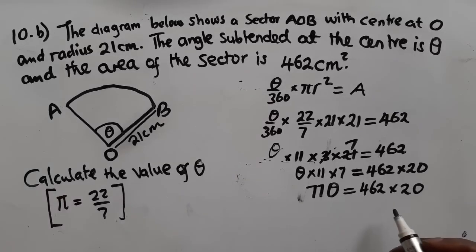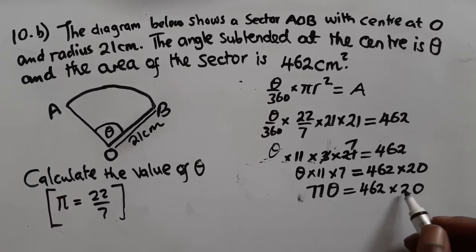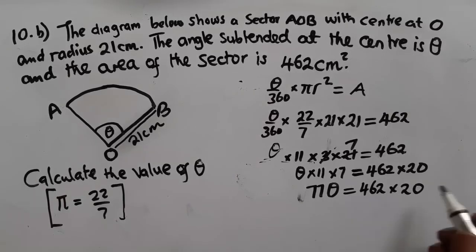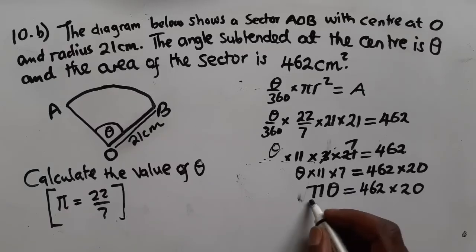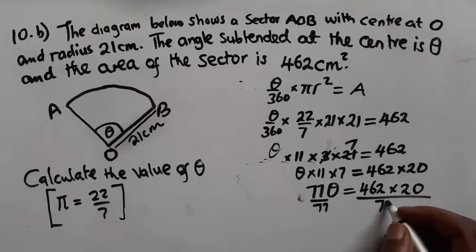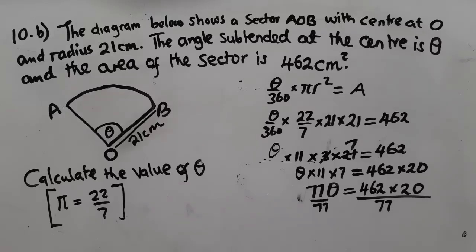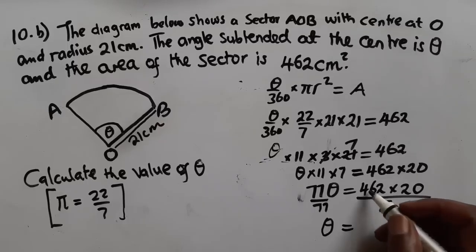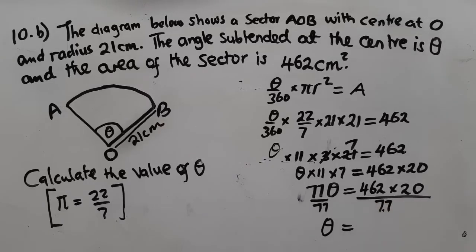Usually I don't like multiplying these two because we do not have a calculator, so we are increasing the size of the value. So at this point we can divide both sides by 77. So we are going to have theta equals, can you divide 77 into 462? How many times?